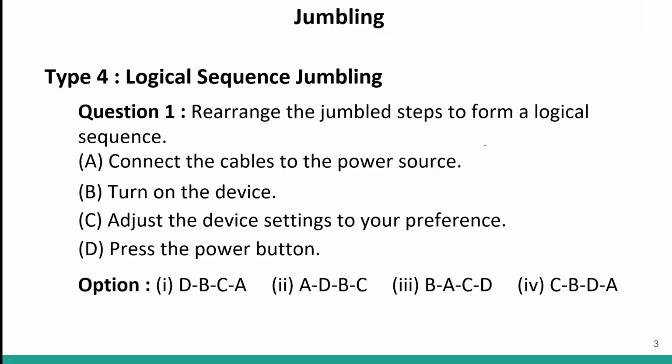Okay, so let us start with type 4, logical sequence jumbling. Now, logical sequence jumbling, as the name suggests, deals with the logical sequence of things. For example, I have to make my lunch, right? So my first step would be to cut my vegetables, right? The second step would be to cook my vegetables.